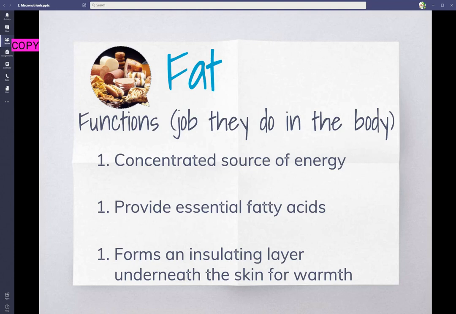If you're not getting enough fat in your diet, you're not able to provide protection for your vital organs or warmth for your body or energy, and you're also not getting your intake of essential fatty acids, which can put your body at risk of things like heart attack as well. Again, fat-soluble vitamins may be reduced, and all of these vitamins are essential in ensuring that we have a healthy heart.